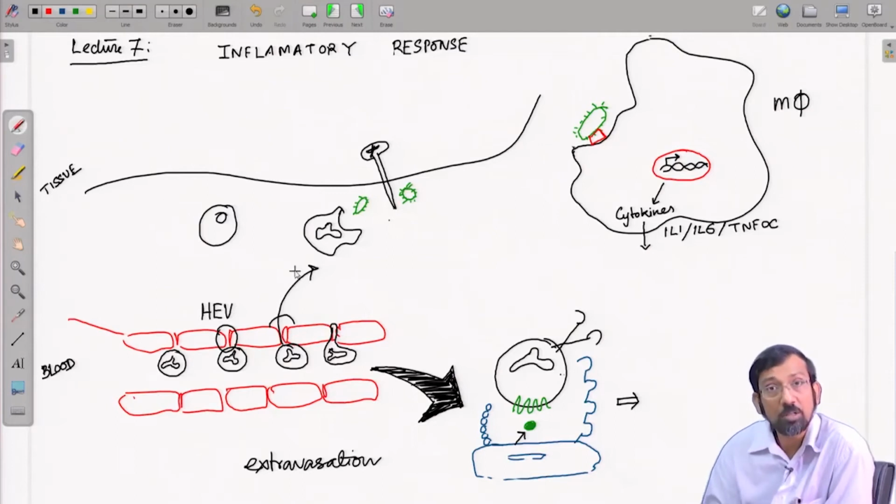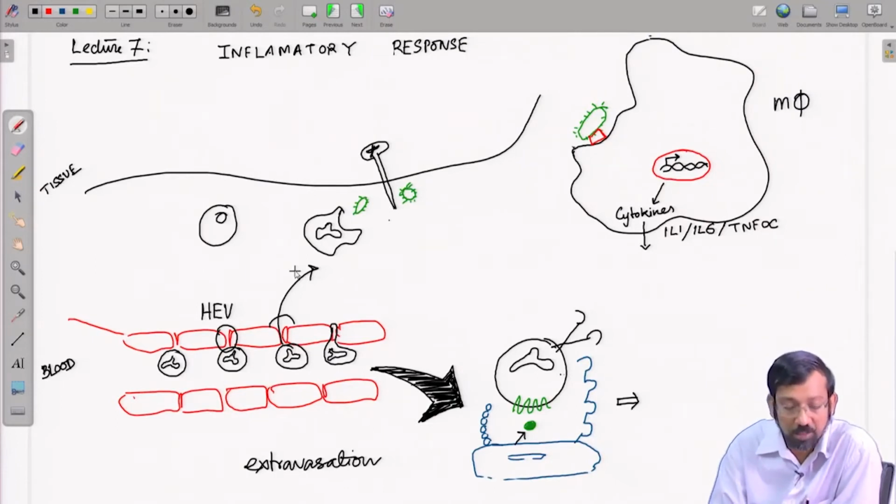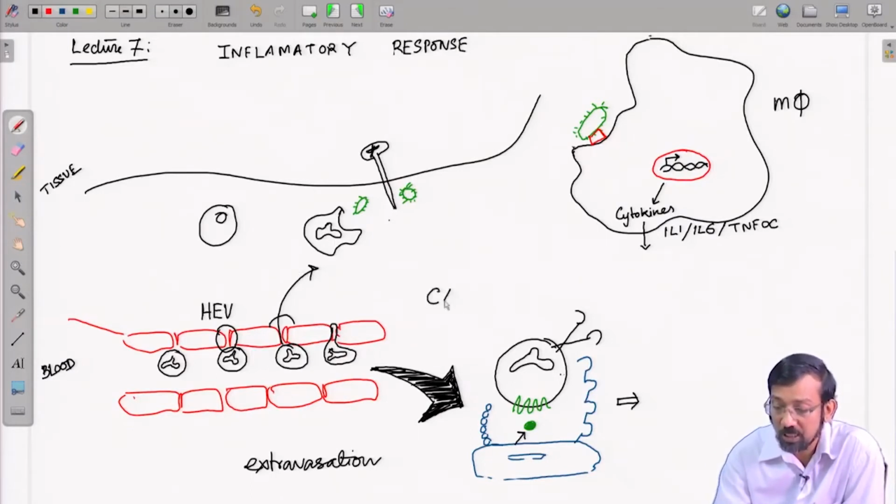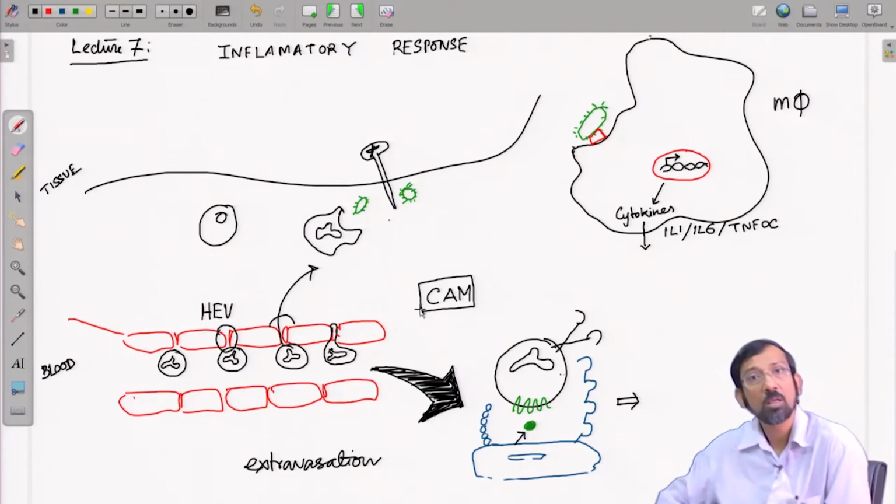Now, this process of migration of the neutrophils, which as I described is a part of the inflammatory response, occurs in steps, and it is mediated by certain mediators known as the CAMs, or the cell adhesion molecules.